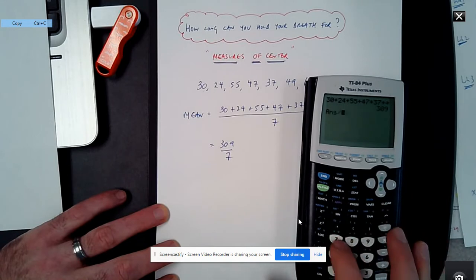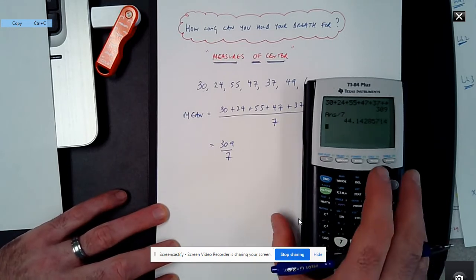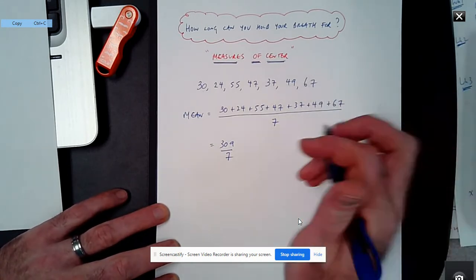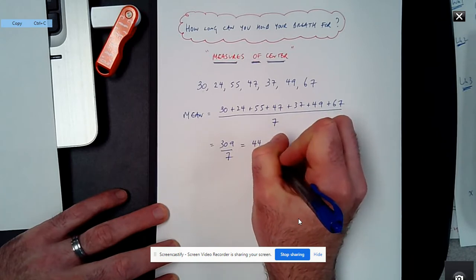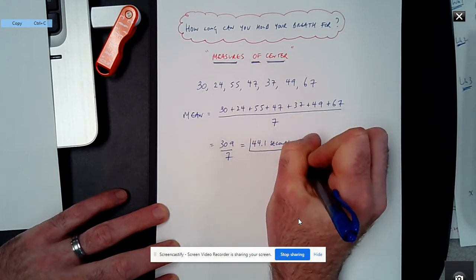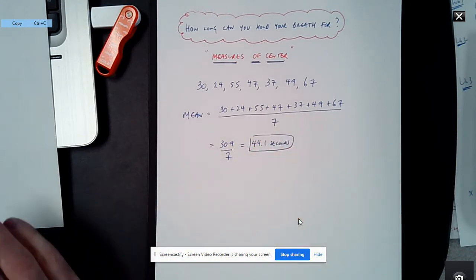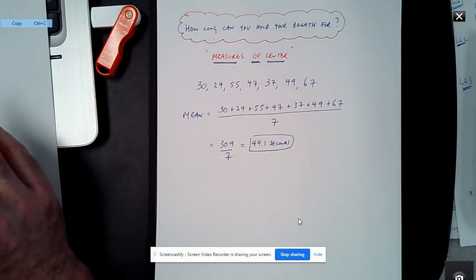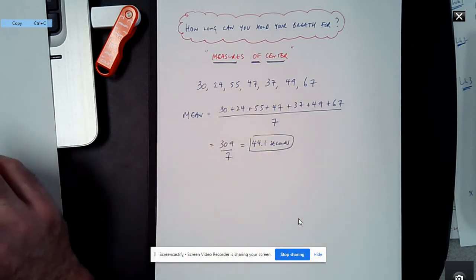So 309 divided by 7 will give us 44.14. So it's going to be about 44.1 seconds. What that basically means is that the mean average amount of time that this particular group can hold their breath for is about 44.1 seconds.